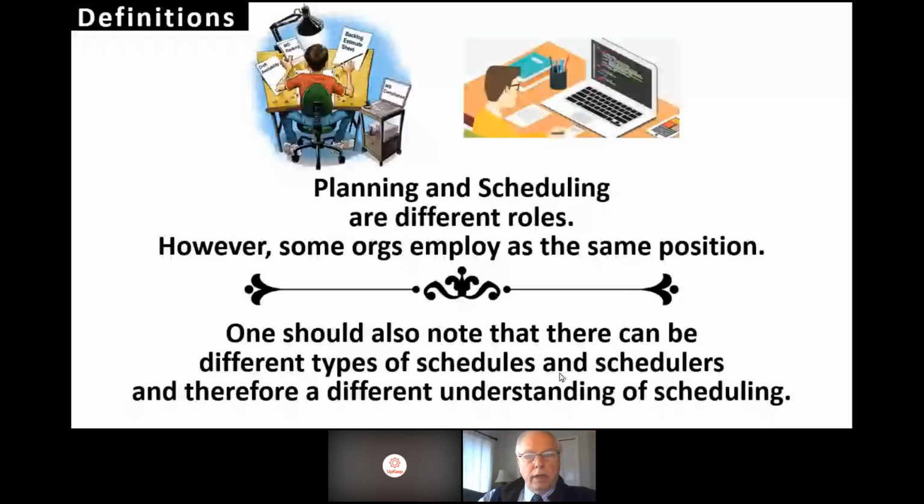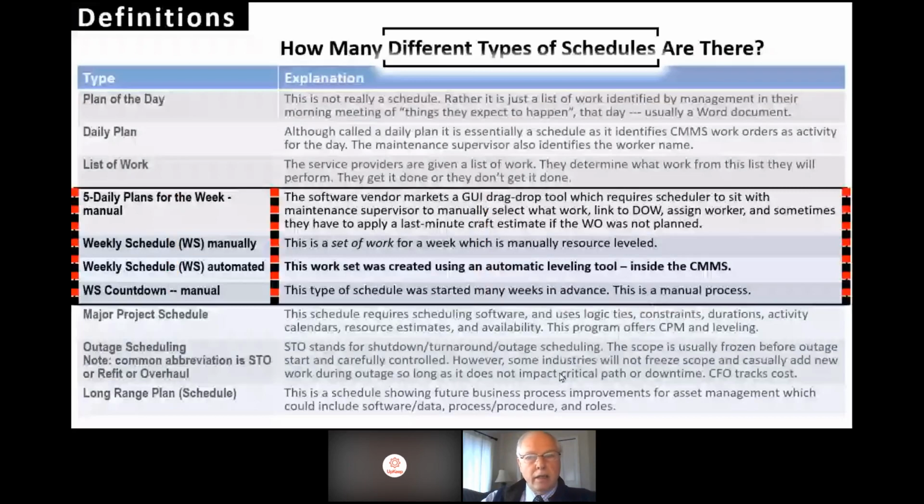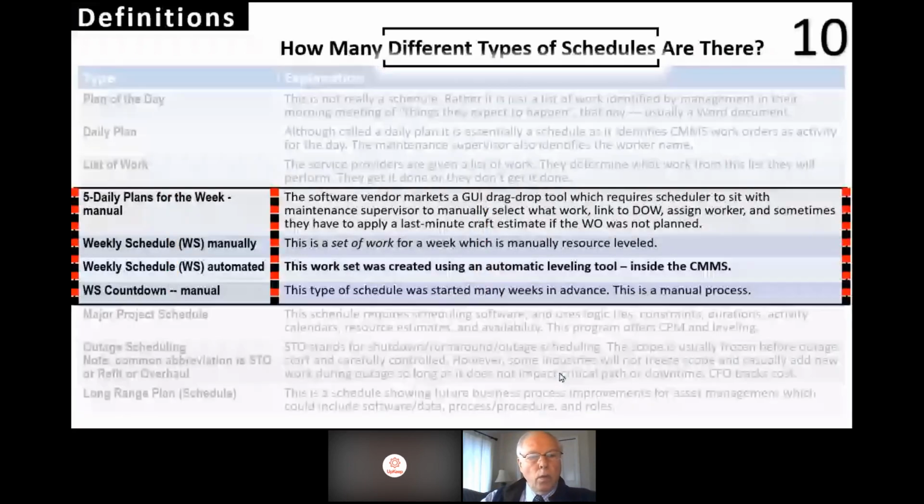So let's go through the different types of schedules here. Top to bottom on this list, there's 10. In the middle section rectangle are the weekly schedules, but even within that, there's different ideas, thoughts, opinions on what a weekly schedule is. I'm focusing on the weekly schedule that's automated.